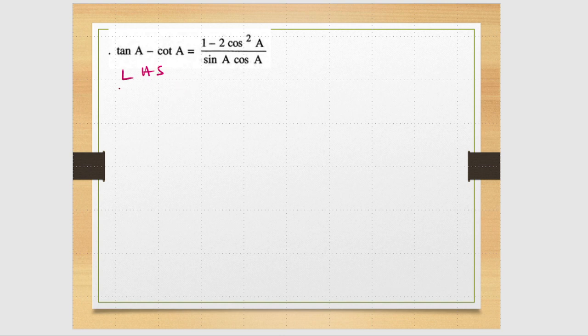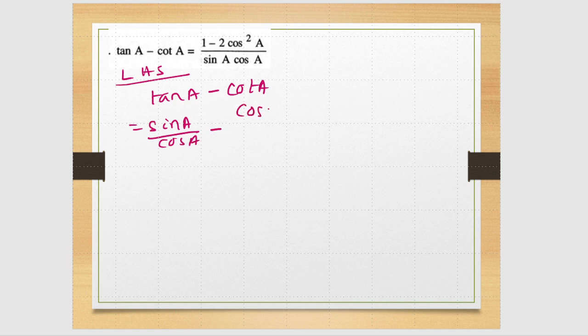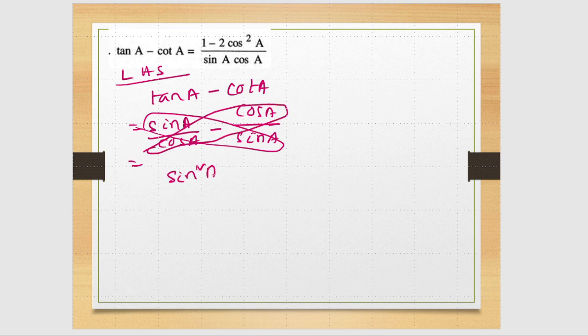LHS is tan A minus cot A. So convert them: sin A by cos A minus cos A by sin A. So now again you do the butterfly method. With this butterfly method, what will come? (Sin square A minus cos square A) by cos A sin A.